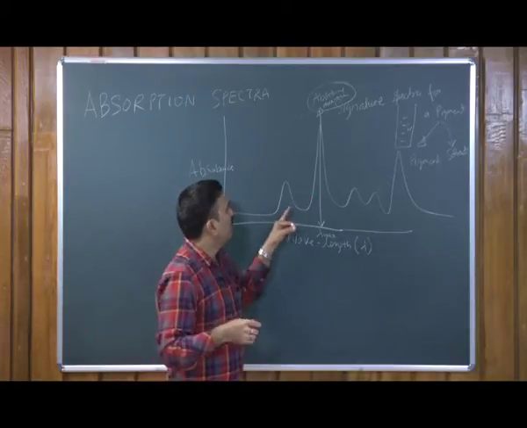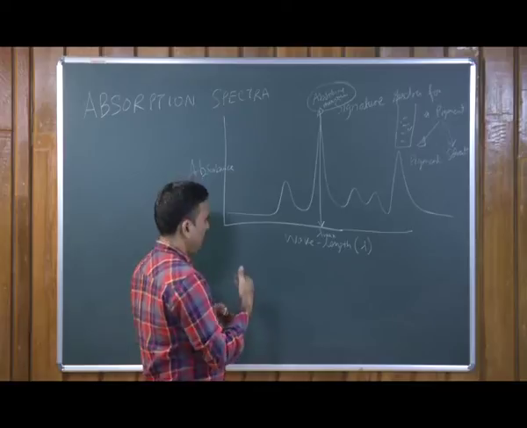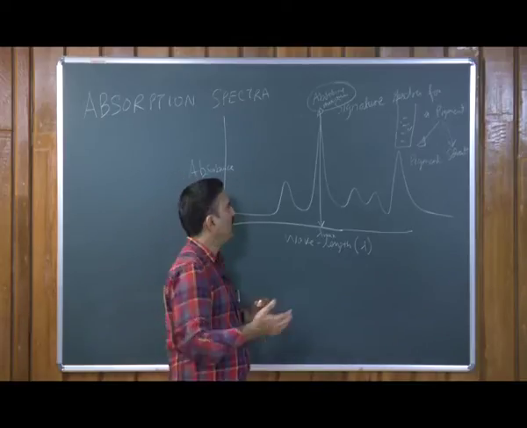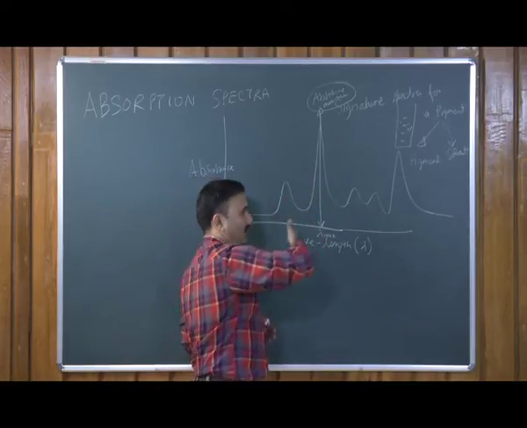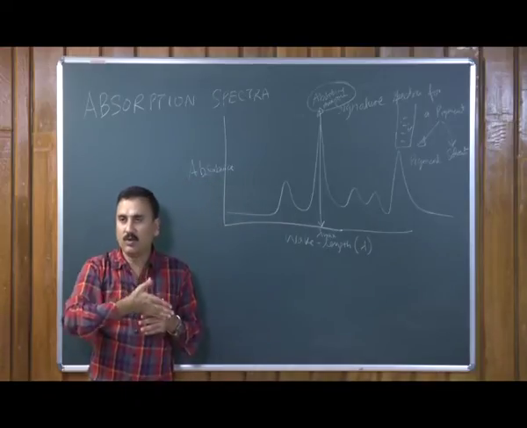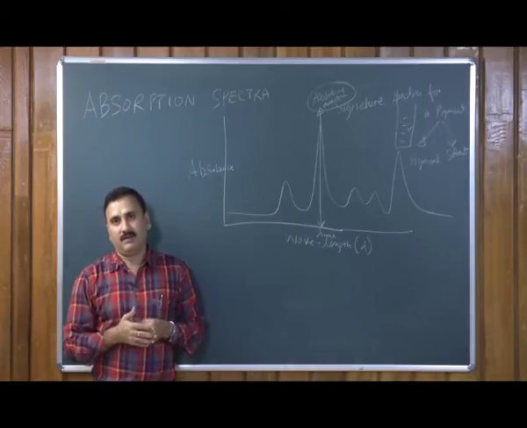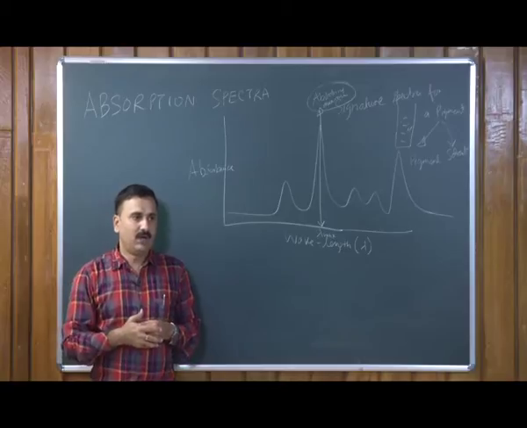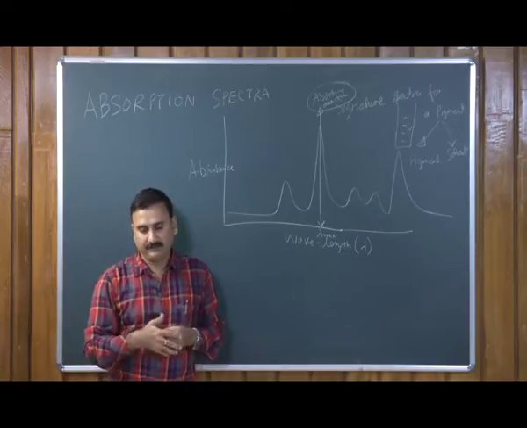The second piece of information, which we can get if we also take a fluorescence spectra, is whether this molecule is also transferring that energy to other molecules as well.